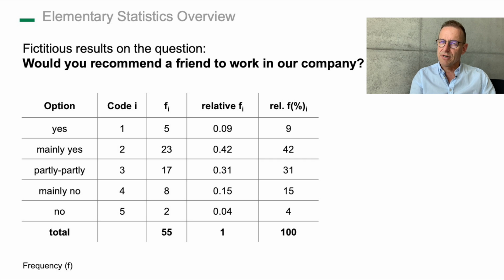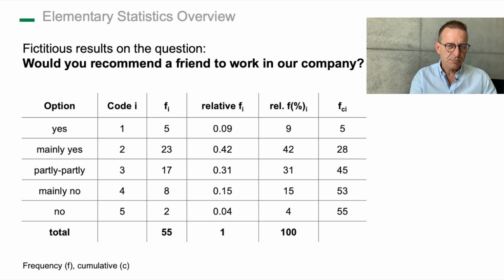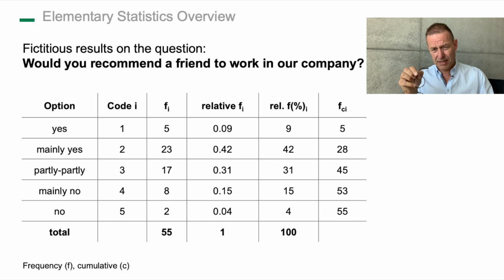Now there is another concept in descriptive statistics that we name cumulative frequency. What is that? Well, the first category was 5, the absolute frequency. Now, with the second category, we can add the first category plus the second. Now we get 28, which is 5 plus 23.